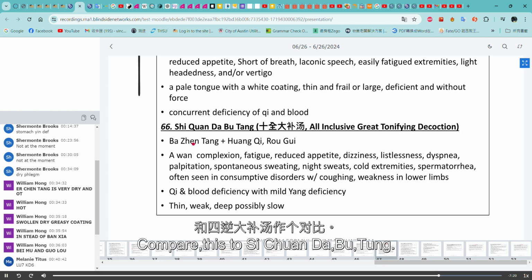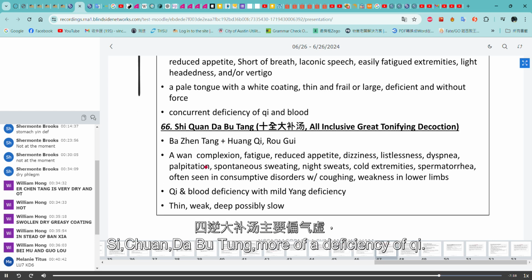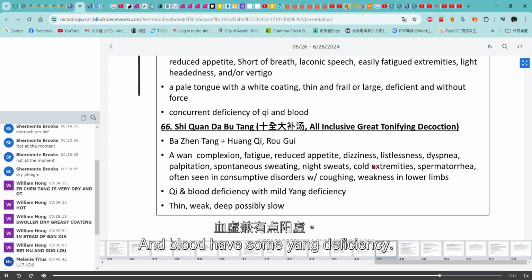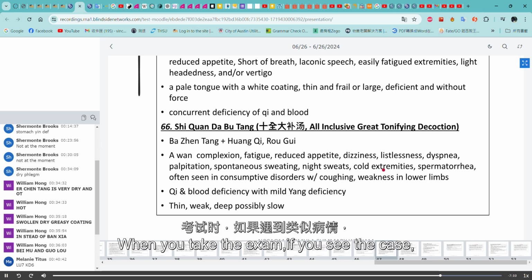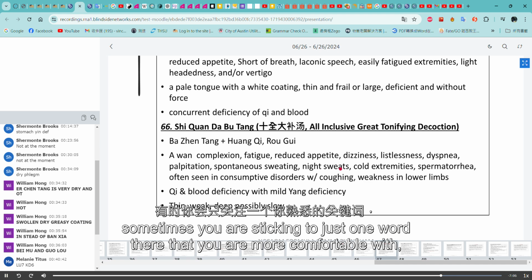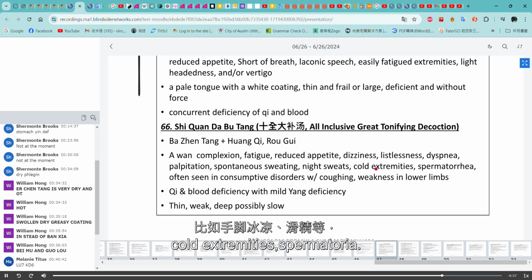Compare this to Shiquan Dabutang. Yes, Shiquan Dabutang is more of a deficiency of qi and blood, with some yang deficiency. So a lot of times the problem when you take the exam, if you see the case, sometimes you're sticking to just one word that you are more comfortable with, like cold extremities, spermatorrhea.